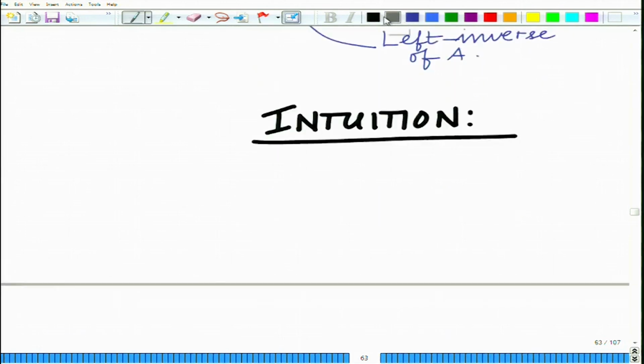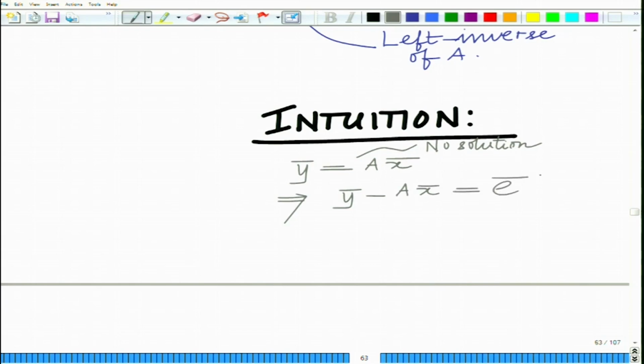If you look at our problem, we have y bar equals A x bar, but we know that there does not exist any x bar, that is, this does not have any solution. No matter what x bar you choose, it will not satisfy y bar equals A x bar, which means y bar minus A x bar will always be non-zero, and that can be denoted by a vector e bar.